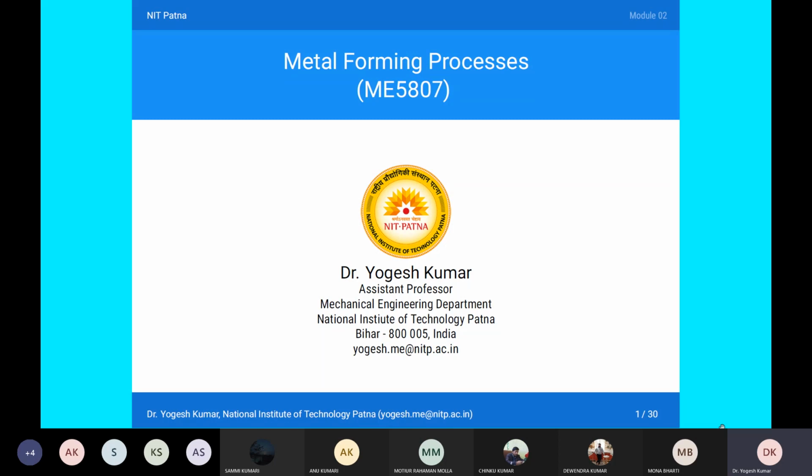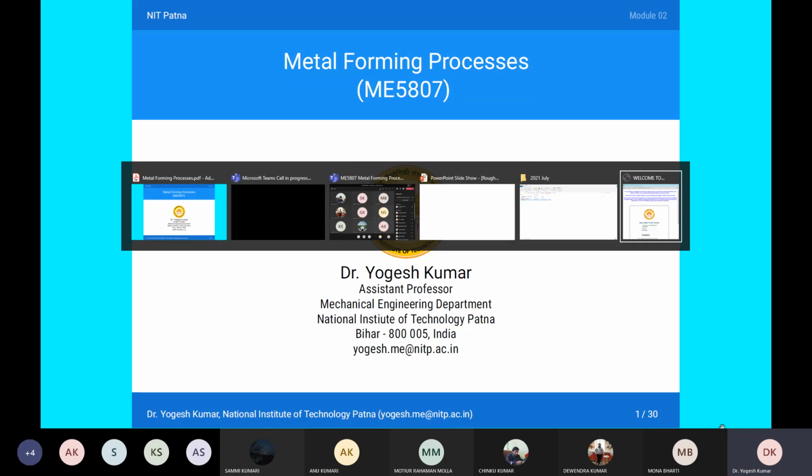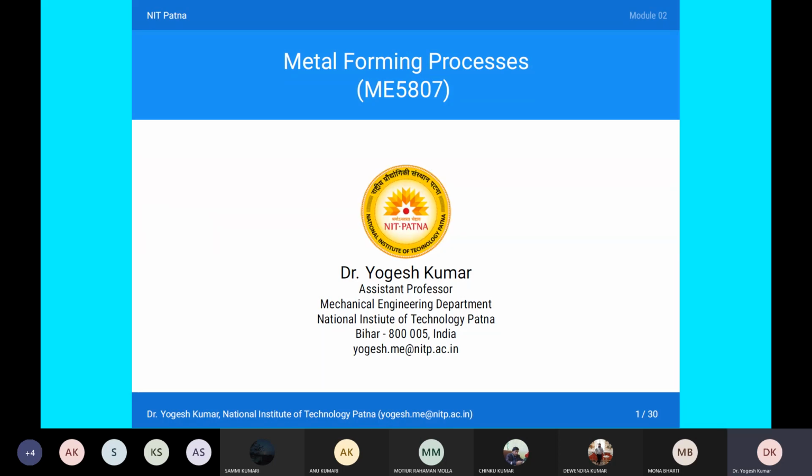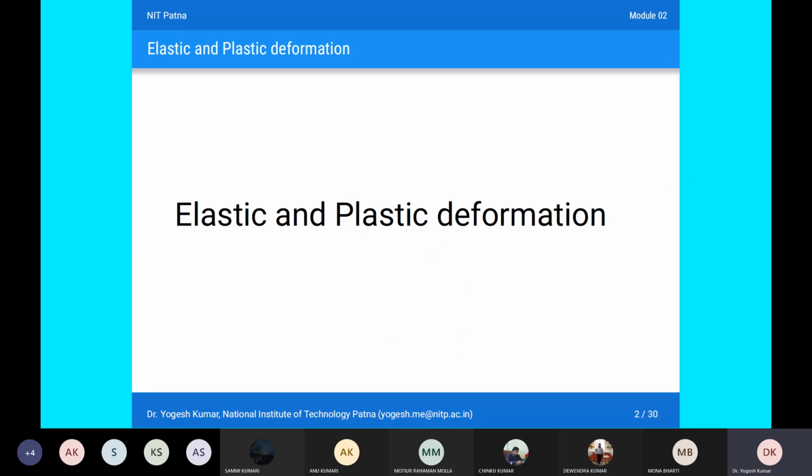Let me come to the first topic in module 2, that is elastic and plastic deformation. From the starting of module 1, we are discussing elastic plastic deformation in metal forming processes, but we will be going into more detail.